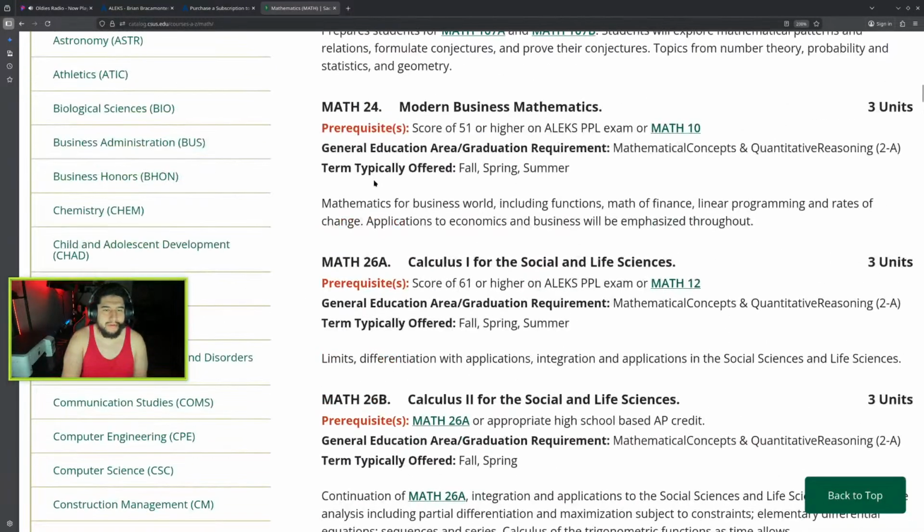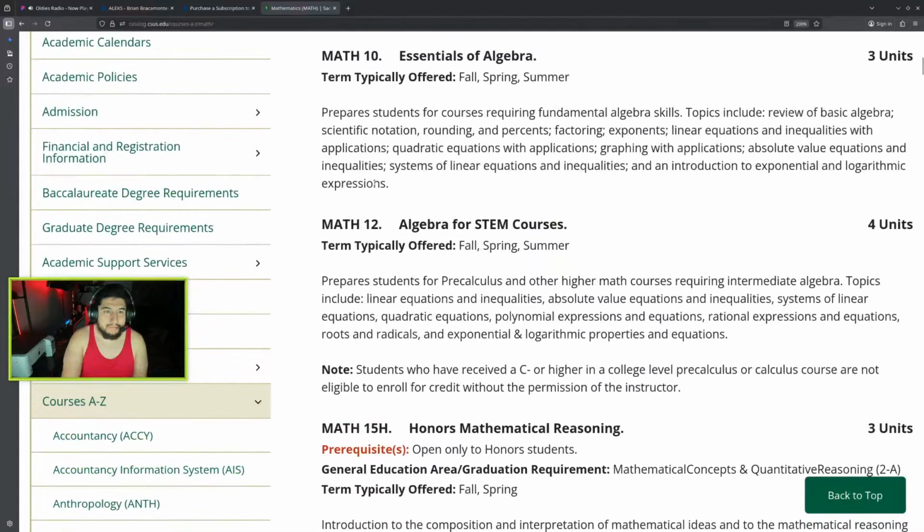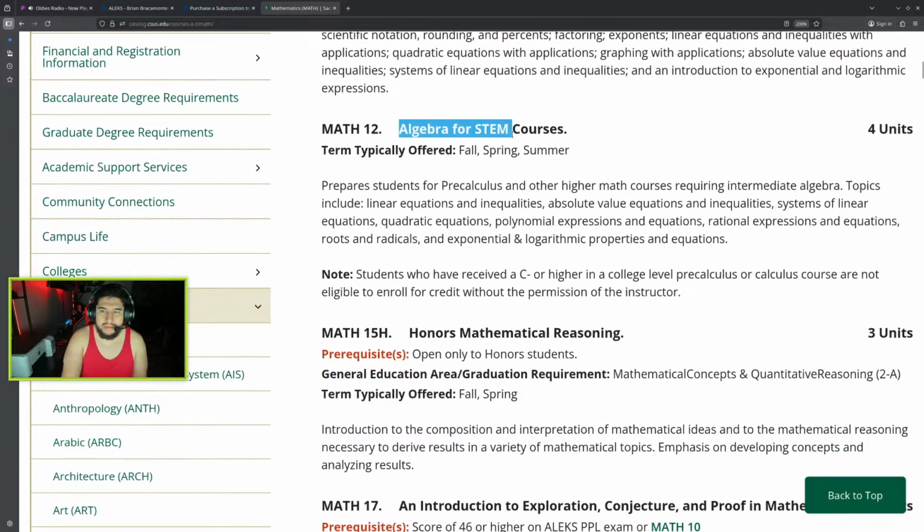Math 12 that I have to take is algebra for STEM courses. So I'm doing this no matter what during the spring semester next year. It prepares students for pre-cal and other higher math courses requiring intermediate algebra. Topics include linear equations, absolute value equations, inequalities, systems of linear equations, quadratic equations, polynomial expressions and equations, rational expressions and equations, roots and radicals, and exponential and logarithmic properties and equations.